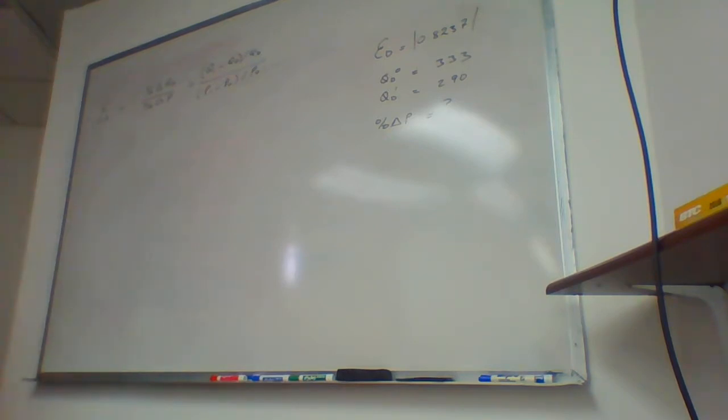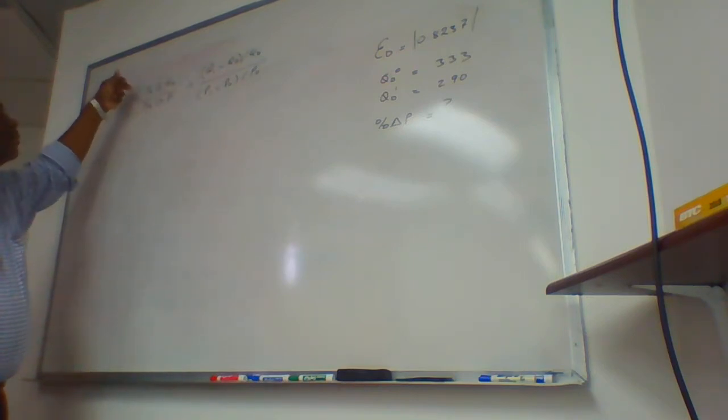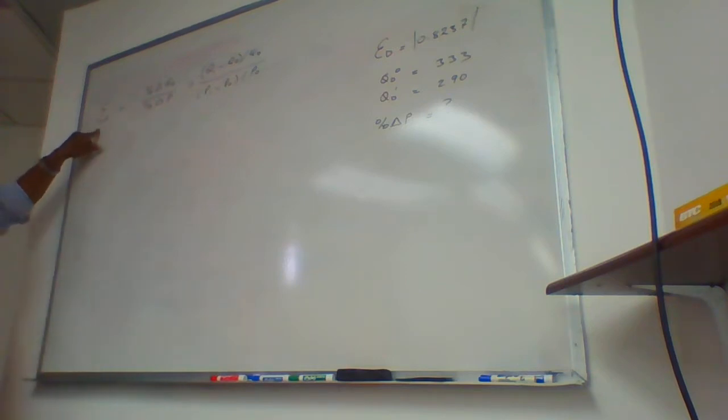You have the old and the new quantity, so you just do the basic working. You said I can solve the Q's because I have Q's, and that will give me my percentage change in Q. And that will allow me, once I have the elasticity, to calculate my percentage change in P.